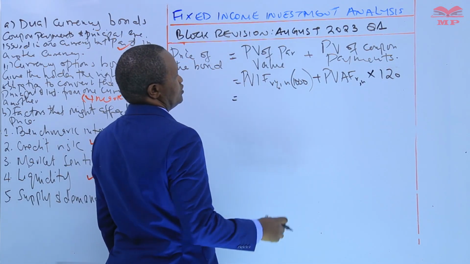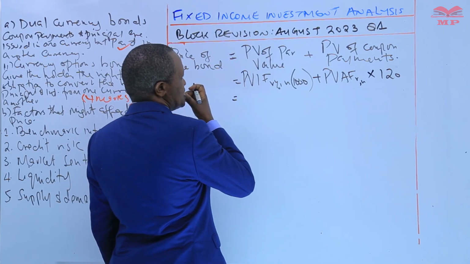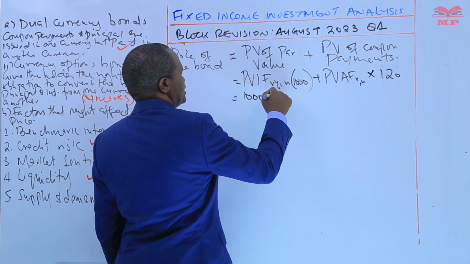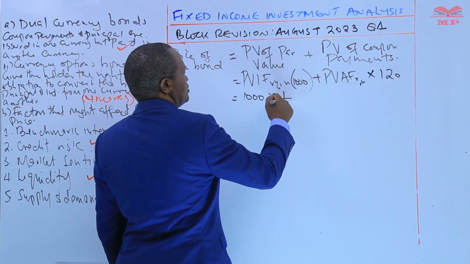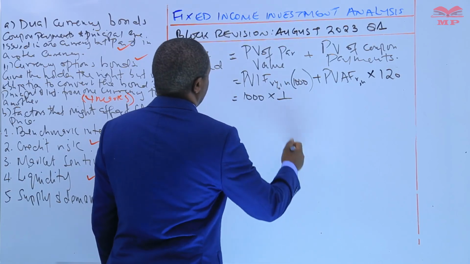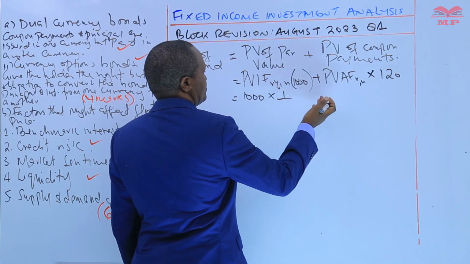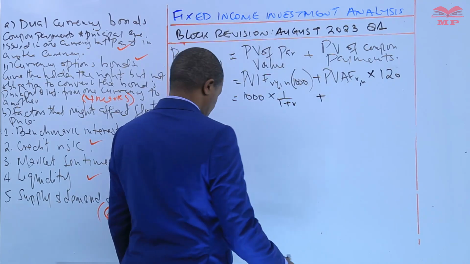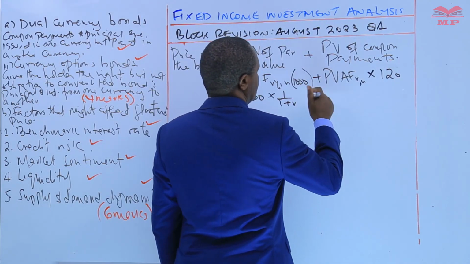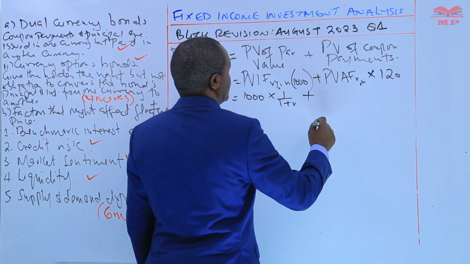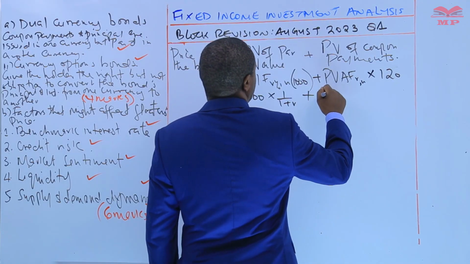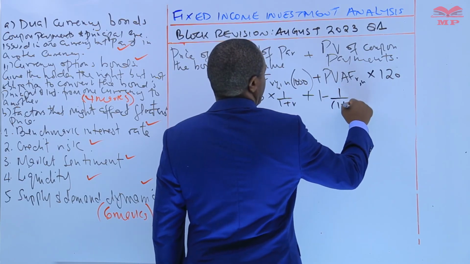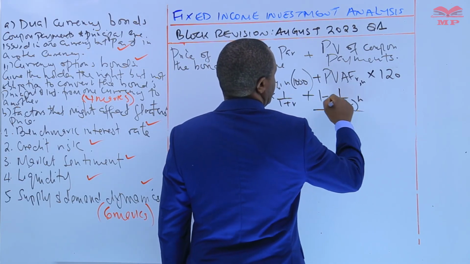This will be equal to 1,000 times 1 over 1 plus r raised to n, plus the annuity factor, which is 1 minus 1 over 1 plus r raised to n, all over r.